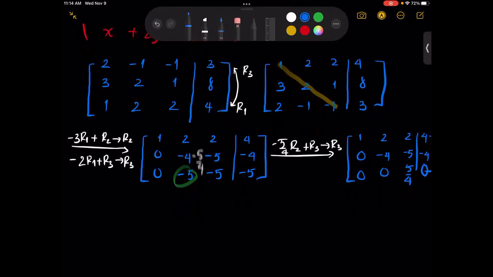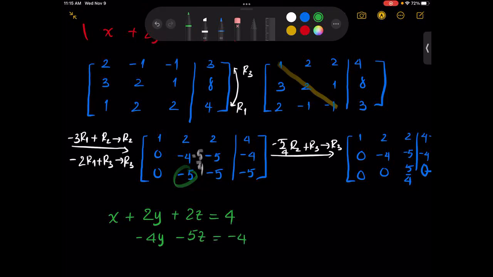All right, substitute. Someone read me the equation. X plus 5 plus 2z equals 4. Negative 4y plus negative 5z equals negative 4.